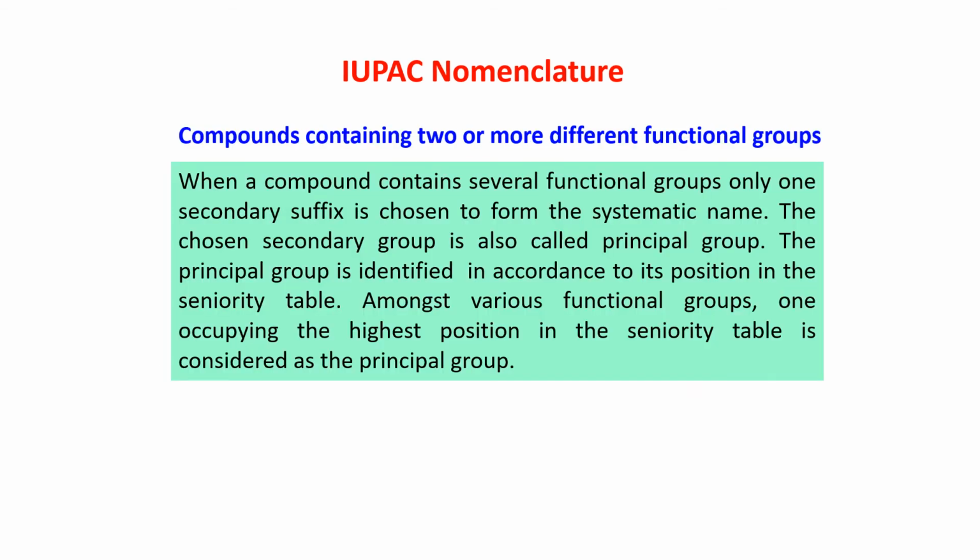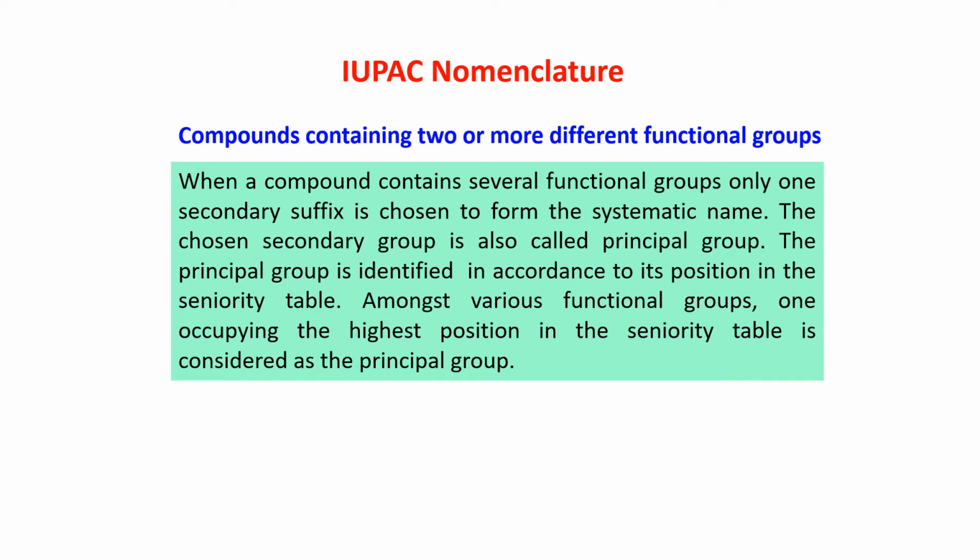If the compound contains 2 or more different functional groups, then how to do the numbering, which functional group will dominate the chain? When a compound contains several functional groups, only one secondary suffix is chosen to form the systematic name. The chosen secondary group is also called the principal group.